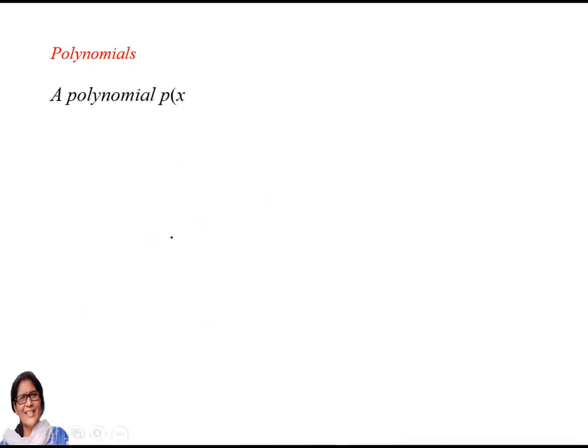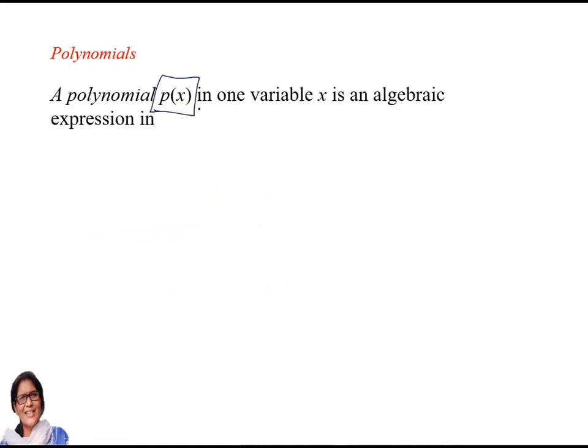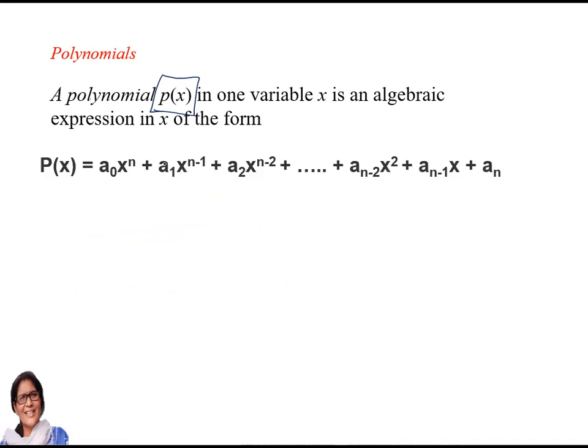So how do we write a polynomial? We write p(x) for a polynomial in variable x. Similarly, p(y) for variable y. It is written as p(x) equals a0 x to the power n, plus a1 x to the power n minus 1, plus a2 x to the power n minus 2, and so on, up to an minus 2 x square, an minus 1 x, an.